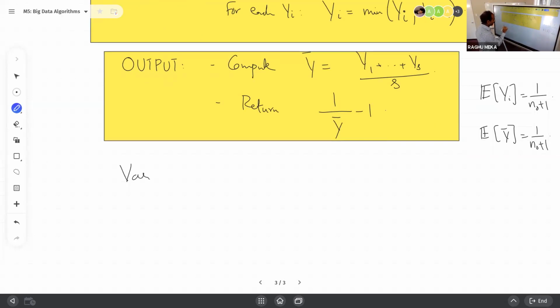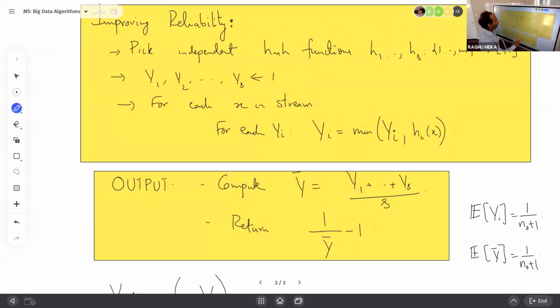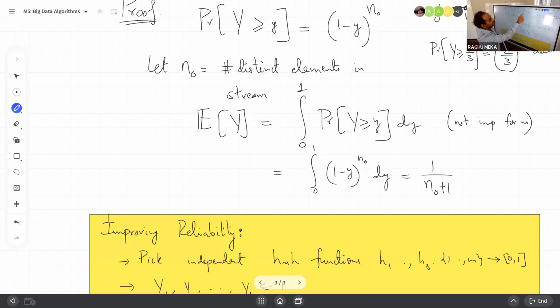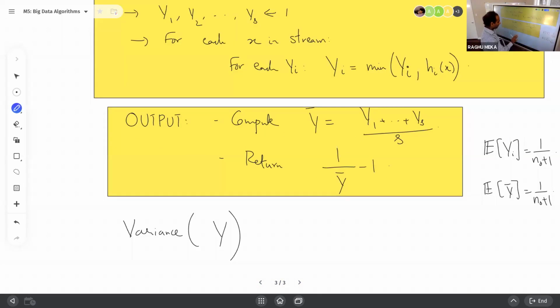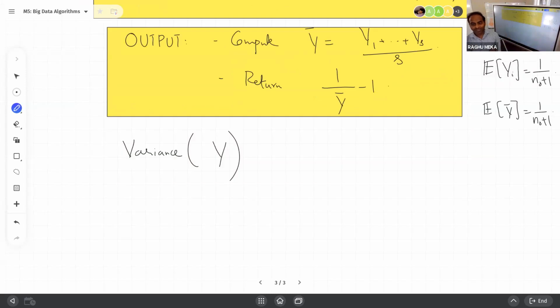So how can I address that? The variance of y. You can do another calculation of integration. We have the exact formula for the distribution, and it satisfies this equation. You can do some calculus to compute the variance, and it comes out to be about 2 over (n0 plus 1) whole squared.